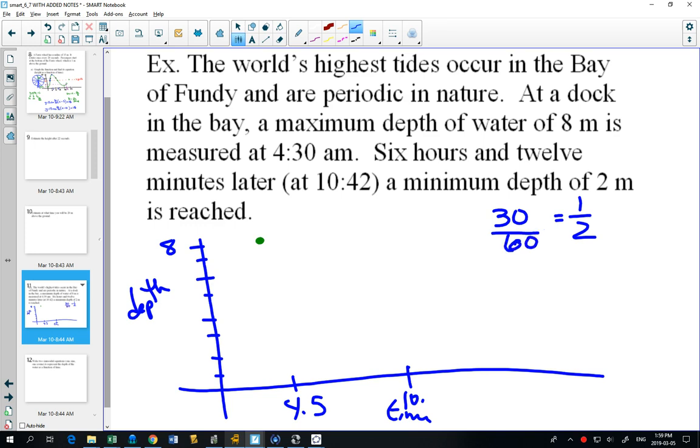So easy that you did it mental math. But could you apply the same logic to 42 minutes? 42 out of 60 is 7 out of 10, which is 0.7. So at 10.7, we're going to be at 2 meters.